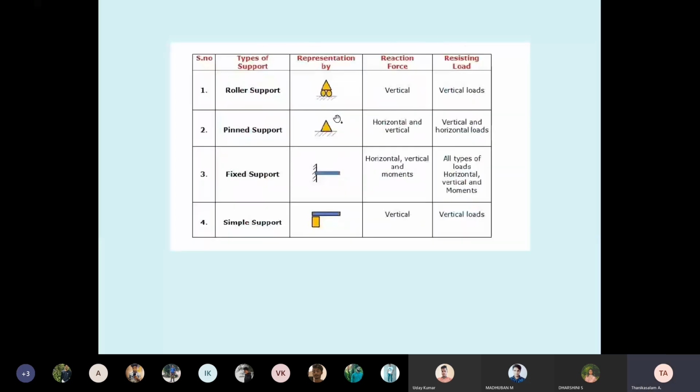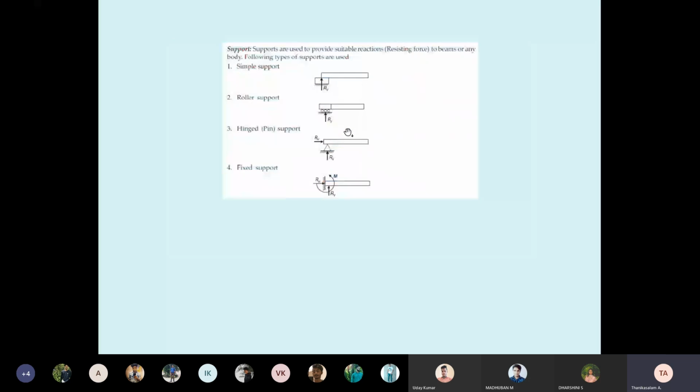Then pinned support or hinged support. Pinned or hinged means simply connected, like a stud worn in the ear. That's called a pin joint or hinged support. This is the representation of the pinned or hinged support. It gives two reactions, horizontal and vertical, Rx and Ry.